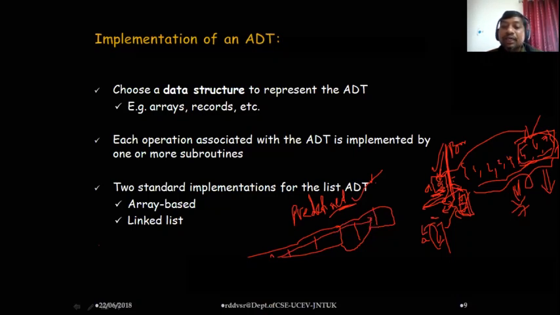Whenever you declare an array, it will allocate a contiguous block of memory. Say suppose your requirement is 100, but there are no 100 contiguous memory locations in your memory.